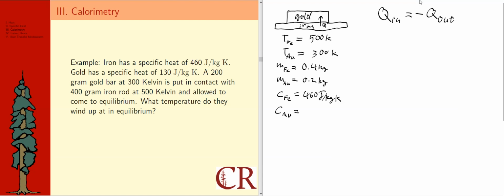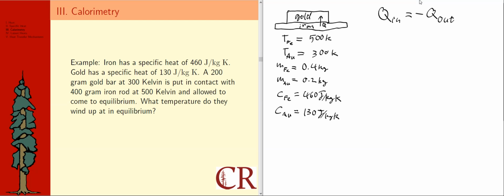I'm just going to drop those units and not worry about unit balancing. It'll probably be obvious that it works out when we look at it later, but there's not going to be enough space to write everything I need to, and I might already be in trouble given how much space I've used. But let's see, we've got 130 joules per kilogram Kelvin for the specific heat of gold, and this might be enough information for me to start this out.